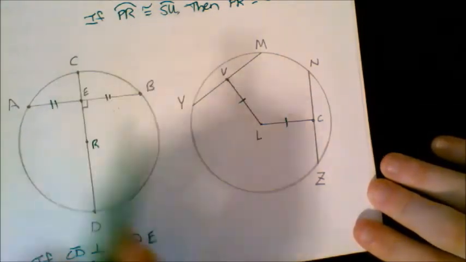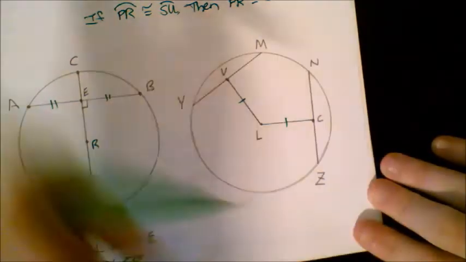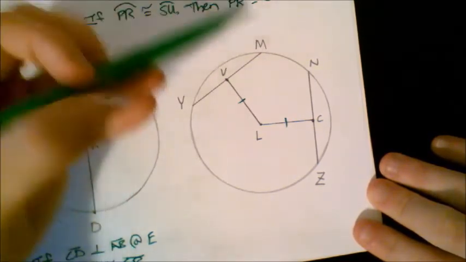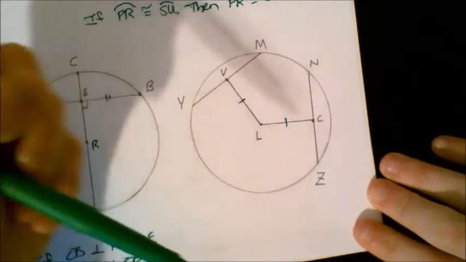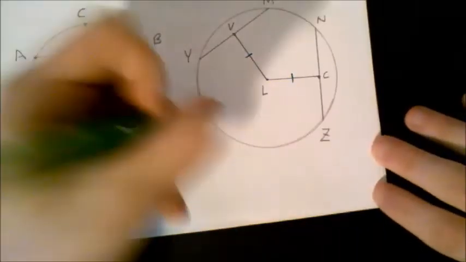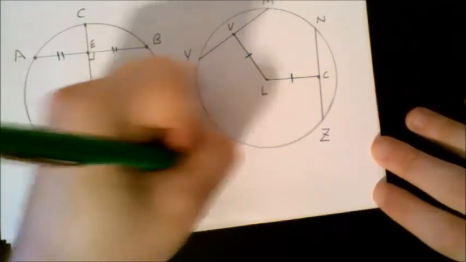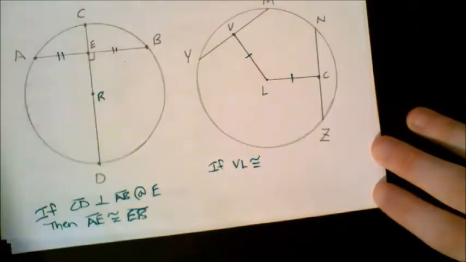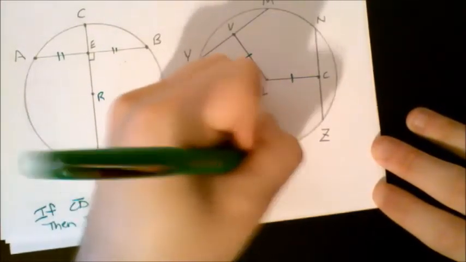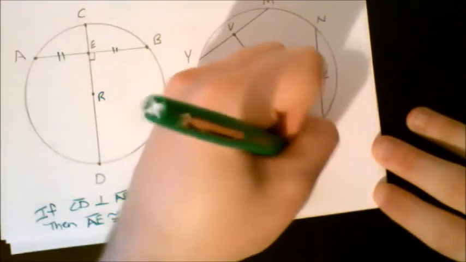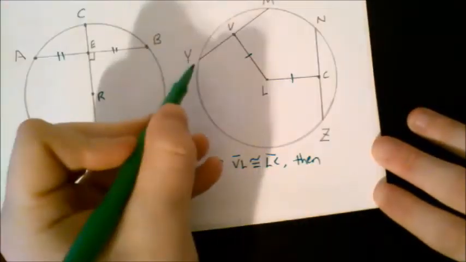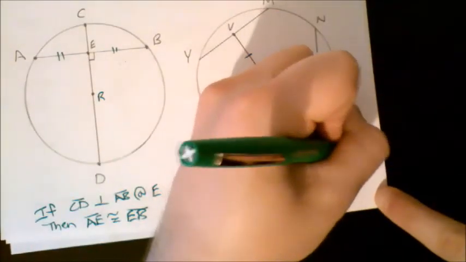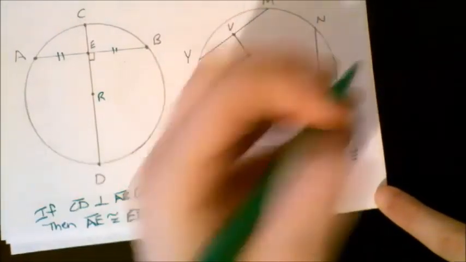So if VL is congruent to LC, then chord YM is congruent to chord NZ.